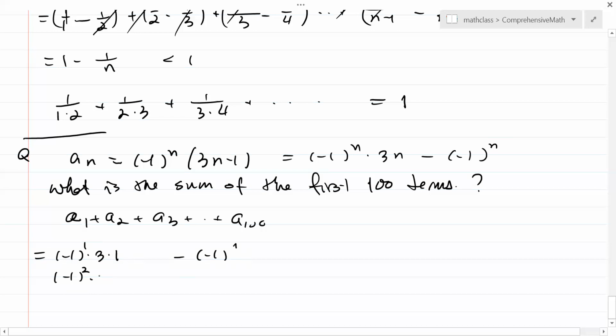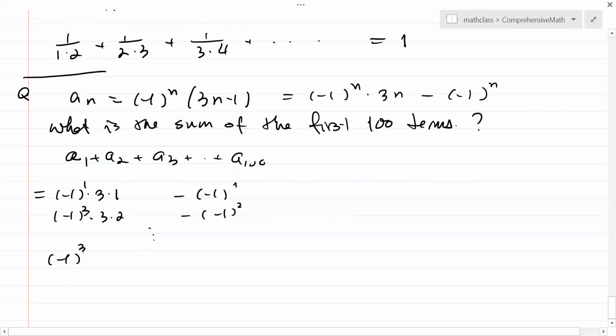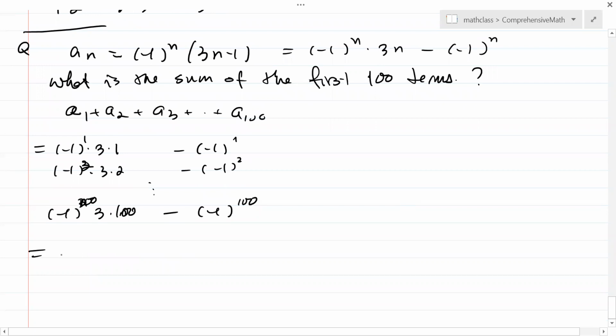And the negative 1 square times 3 times 2 minus negative 1 square. And keep it going. So here's the n, 3n. It's a general term. Okay? So if it's 100, then it's 100 times 3 minus negative 1 to the 100. So regroup that. The common factor here is going to be 3, right? So you get 3.